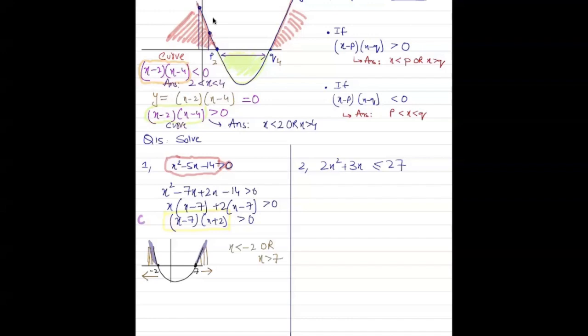So sir, that will be 7 greater than x and less than -2? I understand, but over here we have x greater than 7.